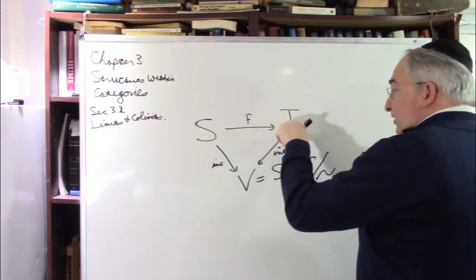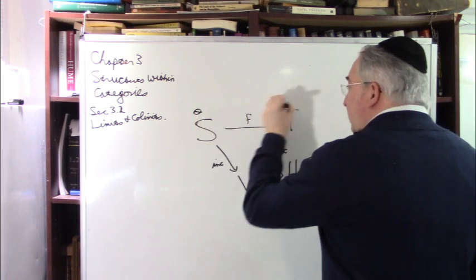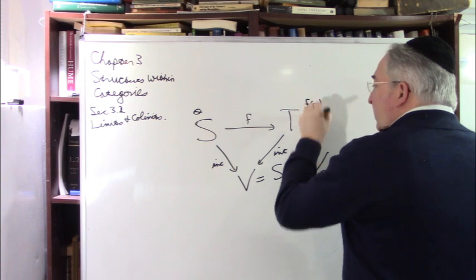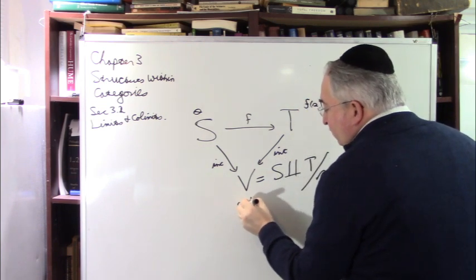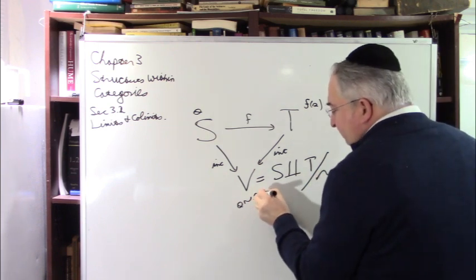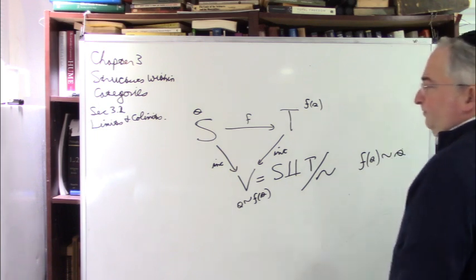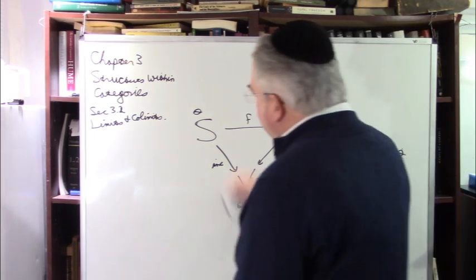Then if you apply this to it, you're going to get this. So here you have little s, here you have f of s, okay? And you want these two things to be the same. So you want that s is going to be equivalent to f of s, that's a quotient set. Okay, great.